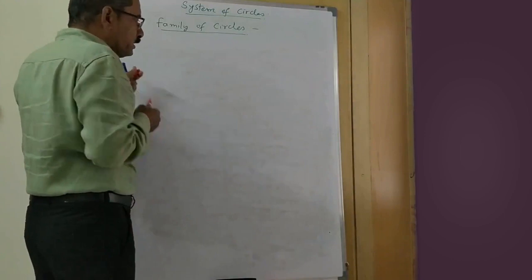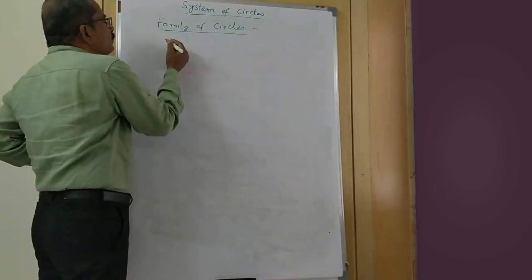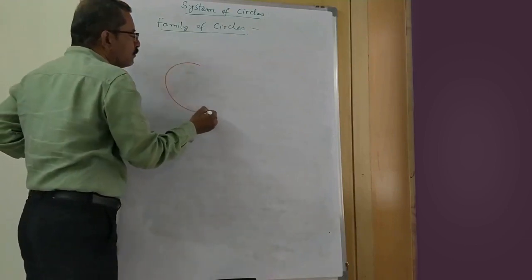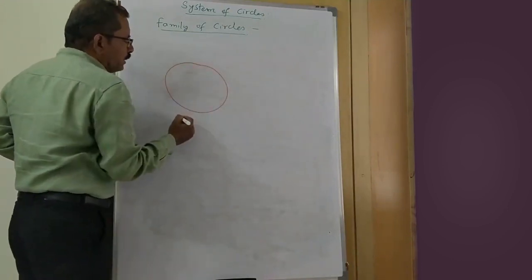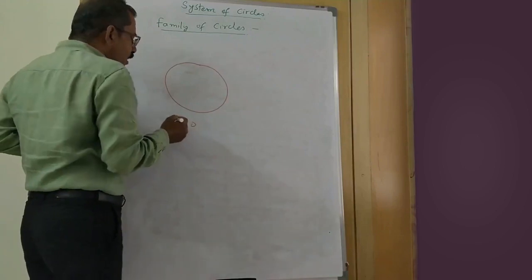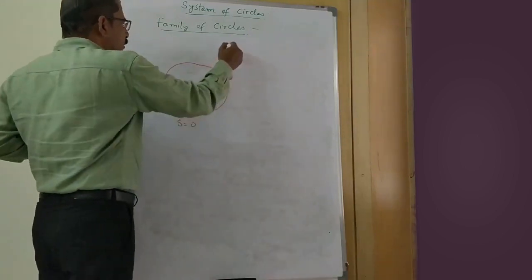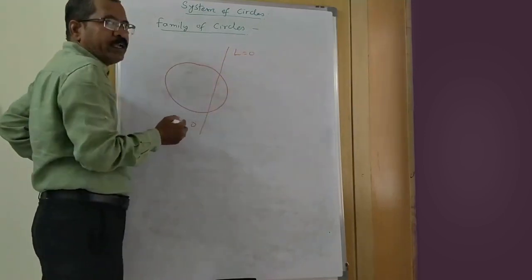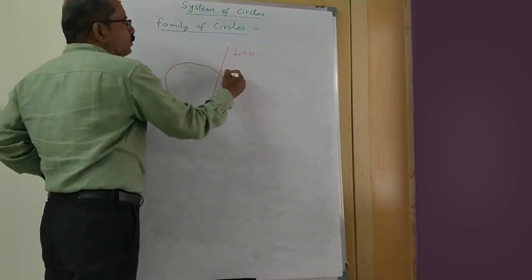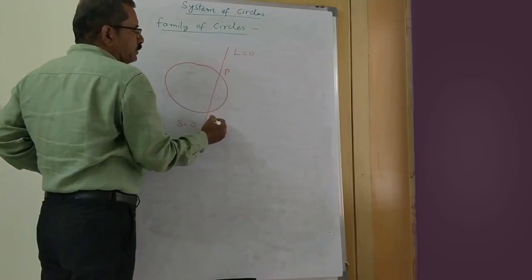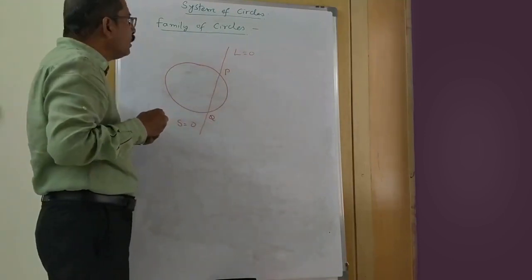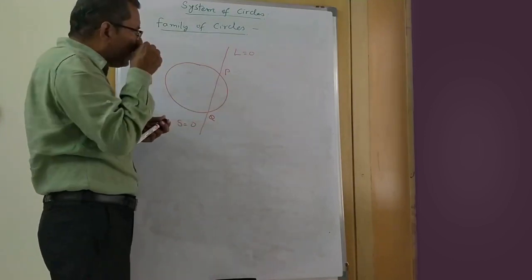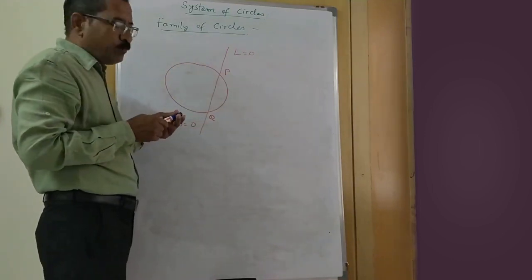Look at the other concept. If the circle S is equal to 0 and a line L is equal to 0 intersect at two different points, say P, Q, then how many circles can I draw passing through P, Q?